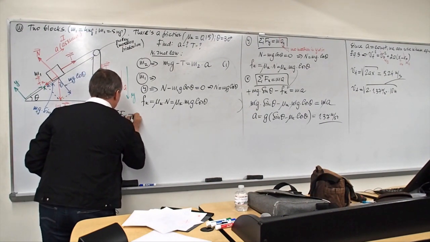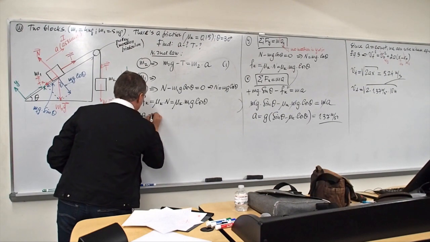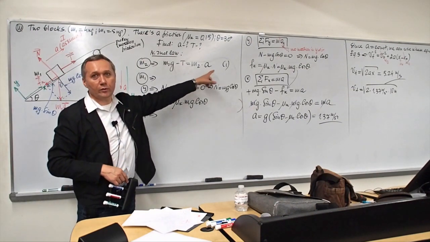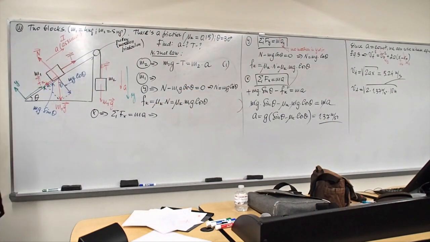So first we have the sum of forces in x equals m a. You see, I did not put any subscript next to acceleration, because these two objects are connected by a stretched cord, so the acceleration is going to be the same.